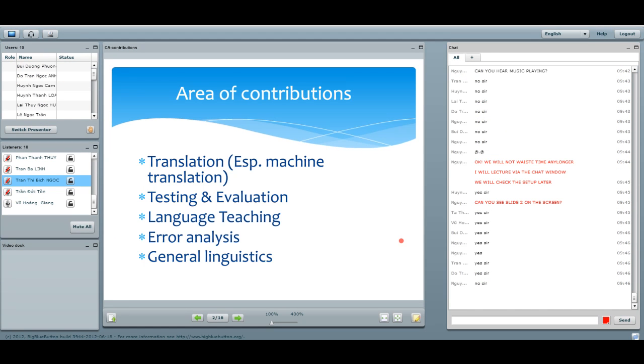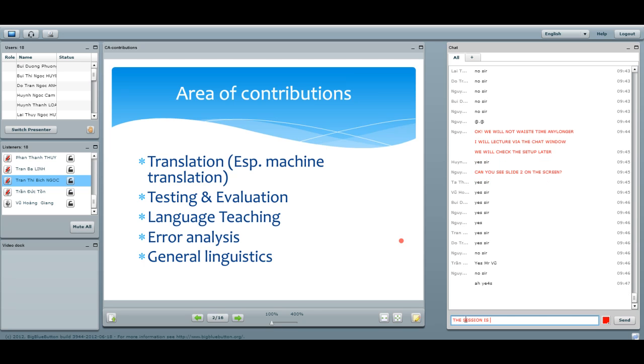Okay, so good morning everybody again. We have been spending some time preparing and setting up. If you cannot hear me on the microphone, the session is being recorded with voice.